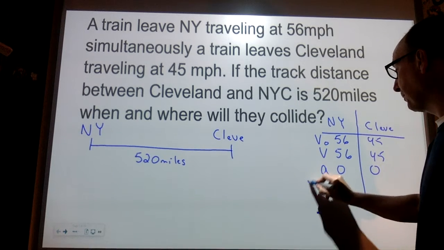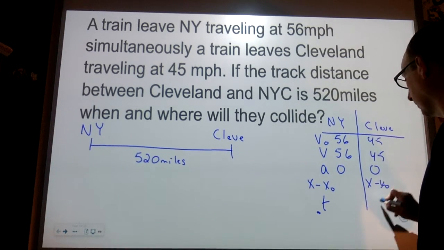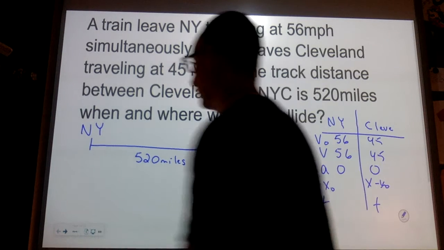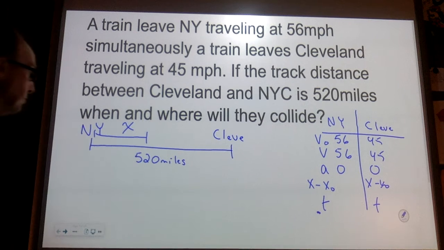Neither one of them has acceleration, and I'm going to make the distance that the New York train travels x.